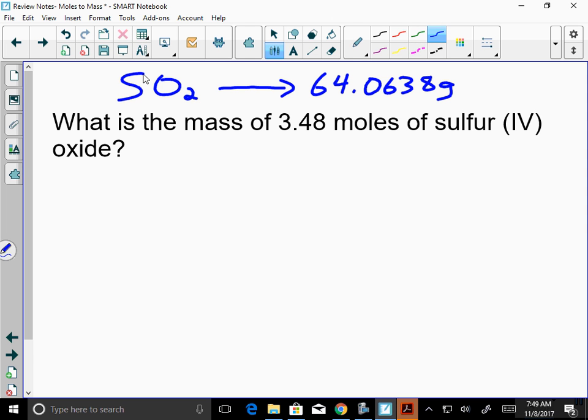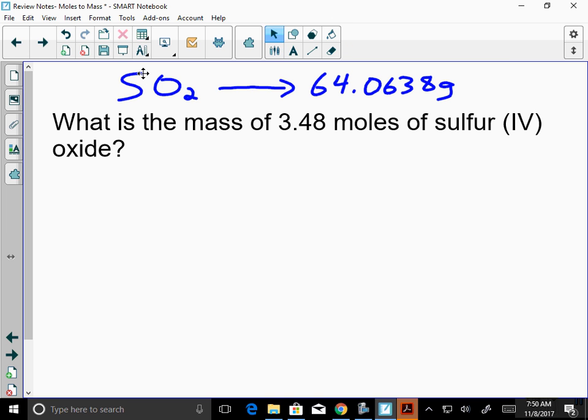Like I said yesterday, I'm not going to worry about any sig figs until the very end. Because once I start rounding, and then I round my next number, and then I round my next number, if I've got a 4-step problem, I've rounded a lot. I've rounded 4 different times. So I just leave my rounding go until the end.